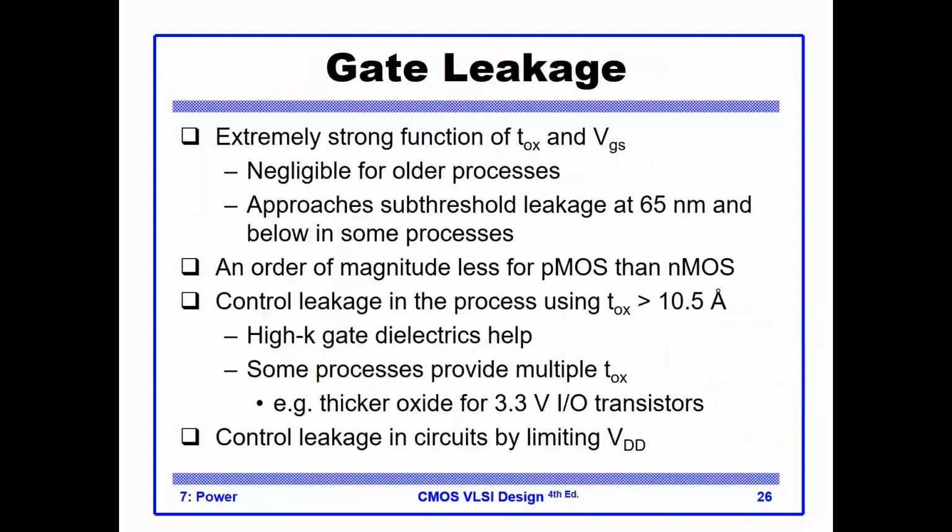Gate leakage, on the other hand, is for the on device, and it is current that leaks through the gate. Typically, we try to use processes with high-K dielectric to reduce that current. We do use multiple TOXs to reduce this current.